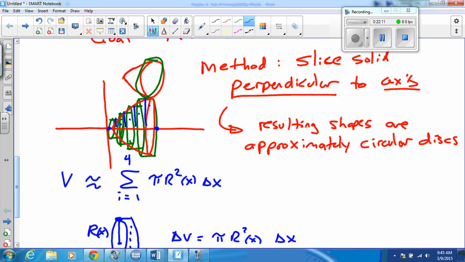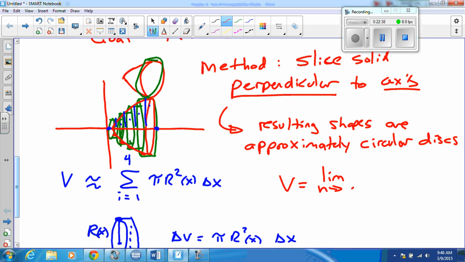Well, the only thing I don't like about this is that my disks have a little bit of error in them because of that overlap. Does everybody see how this portion right here sticks out over my solid, and the result is that I've got too much volume? And so the way to reduce that amount of error is to increase the number of disks.